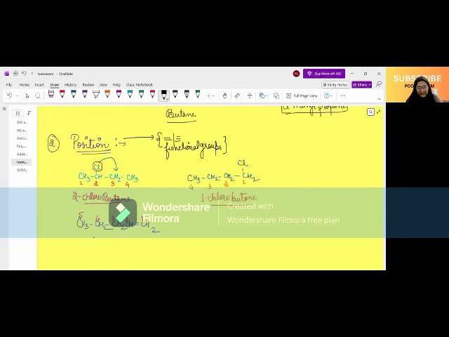So I will name it as pent-1-ene, or I can simply write it as pentene. If you write 1-ene, that is also fine. Now I can change this double bond to this position, or I can put this at third position also.